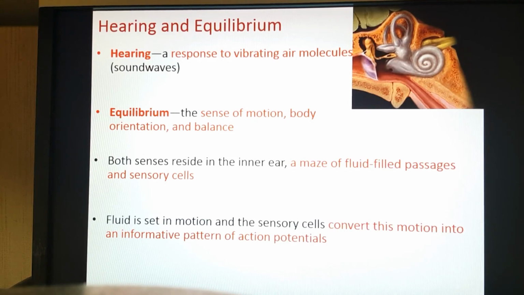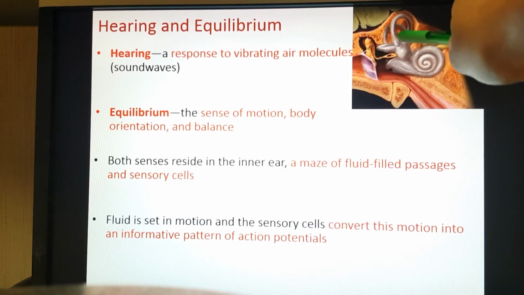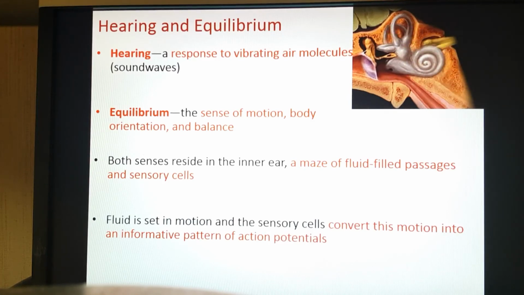So both of these senses have mazes filled with fluid, and then the little sensory hairs in them help to determine that central information. So that motion for those cells is converted into a pattern of action potentials to tell your brain that sensory information.